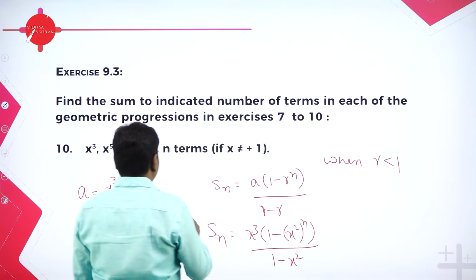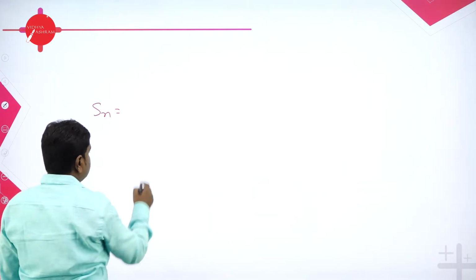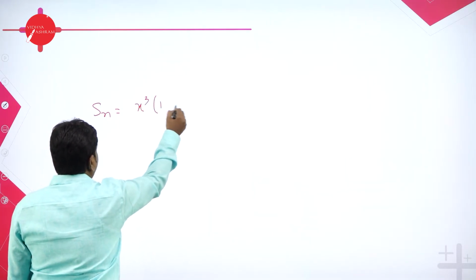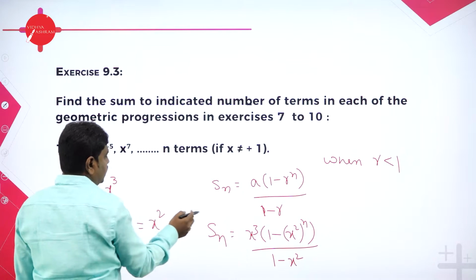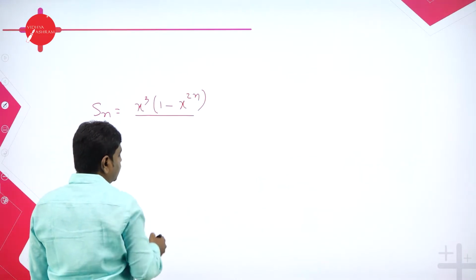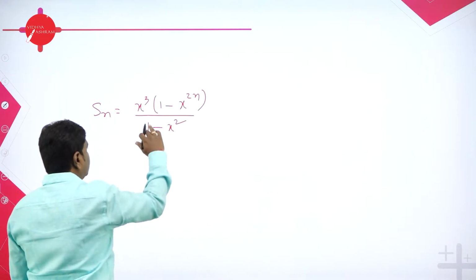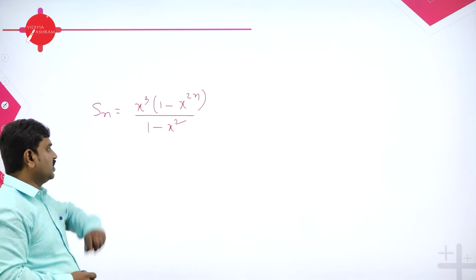So finally we'll have Sn, the sum of n terms, equal to x cube into 1 minus x square whole power n, which by the law of indices, a power m whole power n is a power m into n, is x power 2n, divided by 1 minus x square. Further you can simplify using binomial terms or you can leave it.